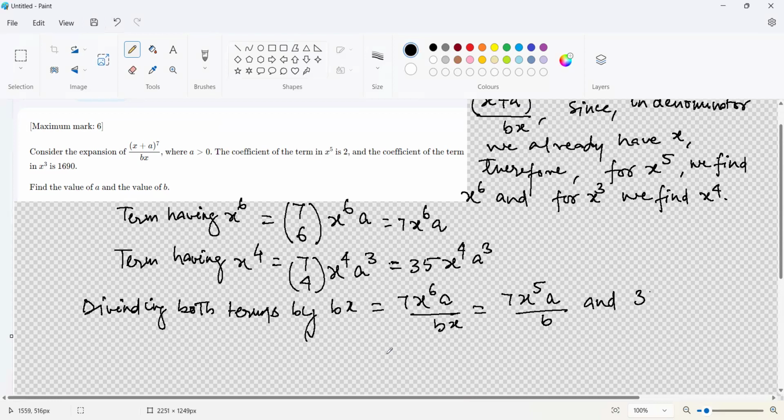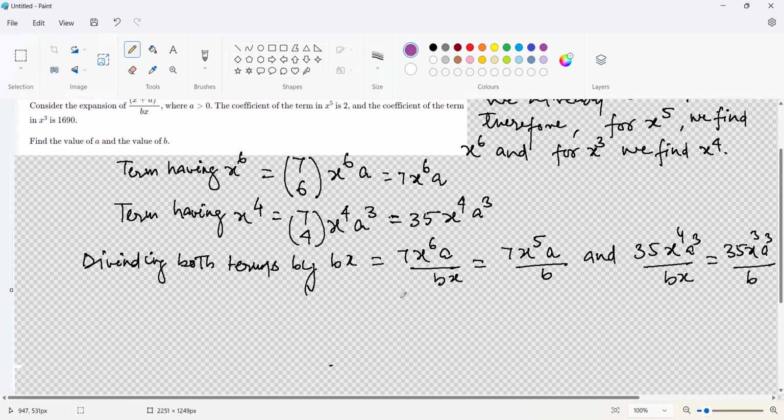And 35x power 4a cube divided by bx will become 35x cube a cube upon b. Now we have given the coefficient of x raised to the power 5, 2, and x cube as 1690.